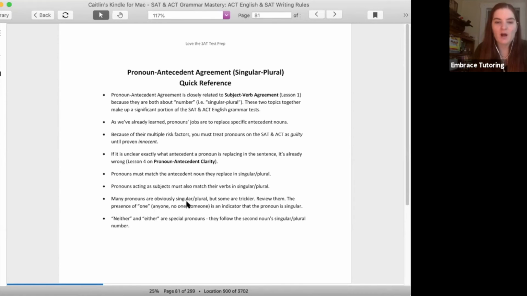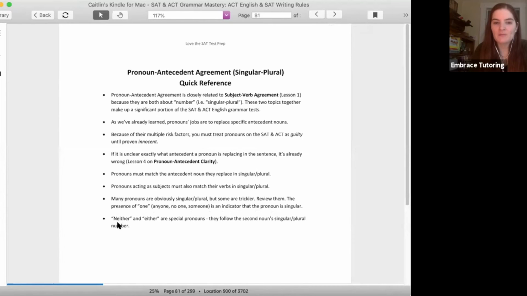Many pronouns are obviously singular or plural, but some are trickier. The presence of "one," like anyone, no one, someone, is an indicator that the pronoun is singular.